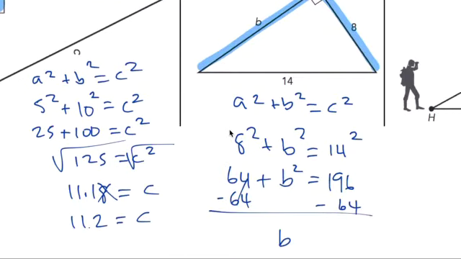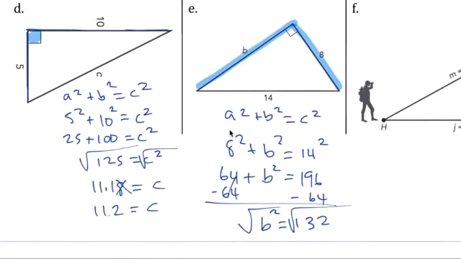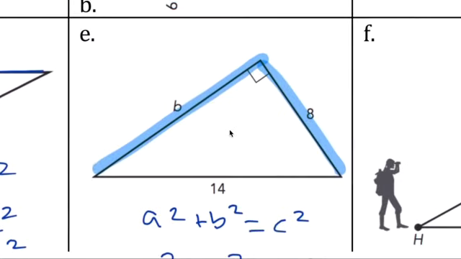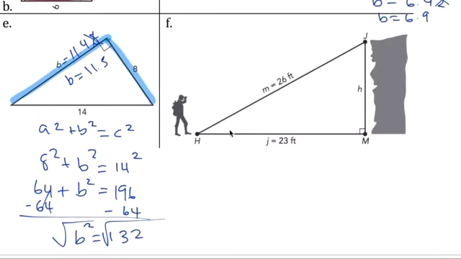We get b squared equals 132. Take the square root of 132. B is 11.48. That's an 8, so B is 11.5. That length is 11.5.